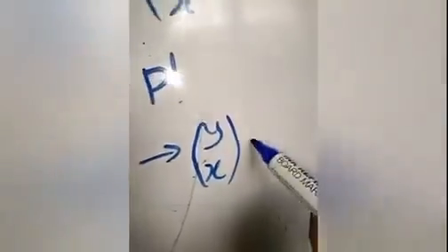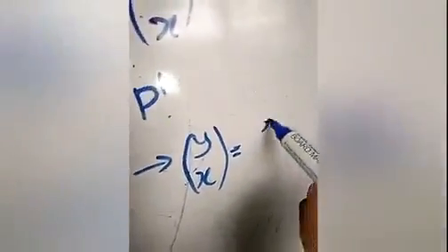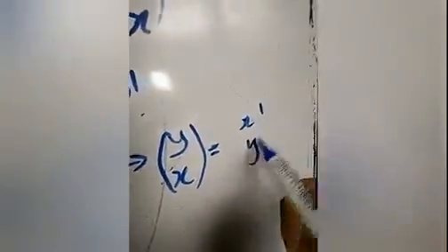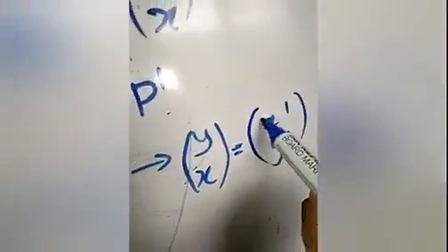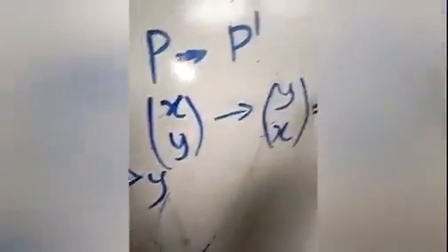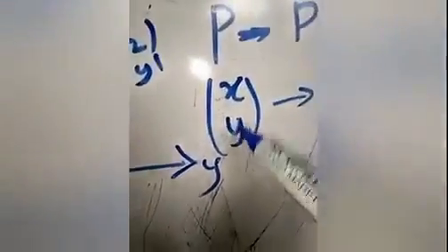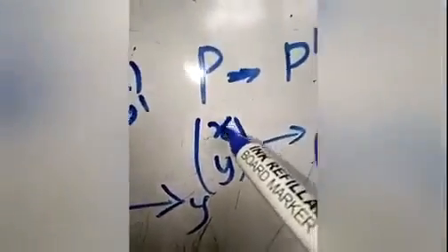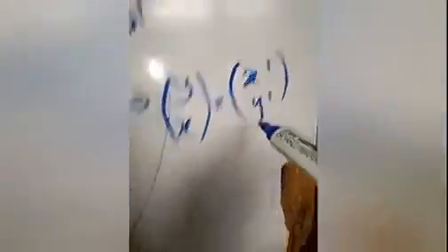Remember, this means x prime, y prime. So the x of my image is representing the y of my object, meaning the value of my x for the image will become the y of my object, and the value of the x for my object will turn out to be the y for my image. That's why we are interchanging this.